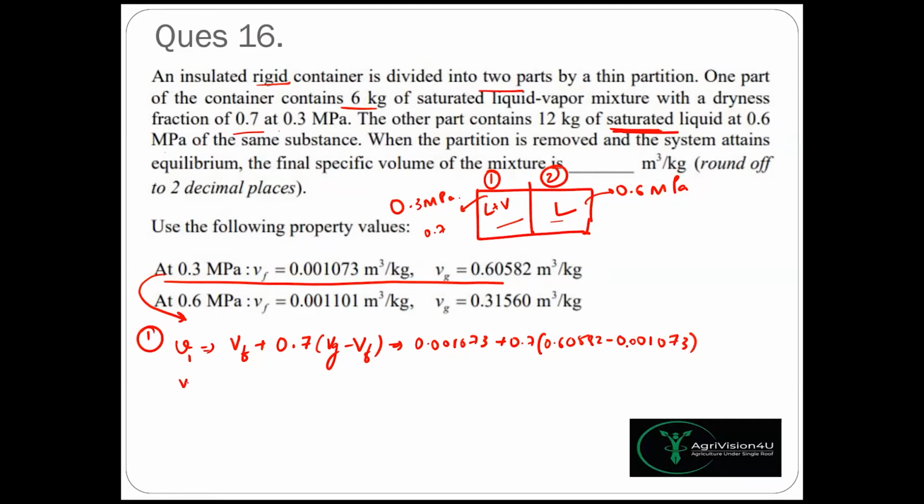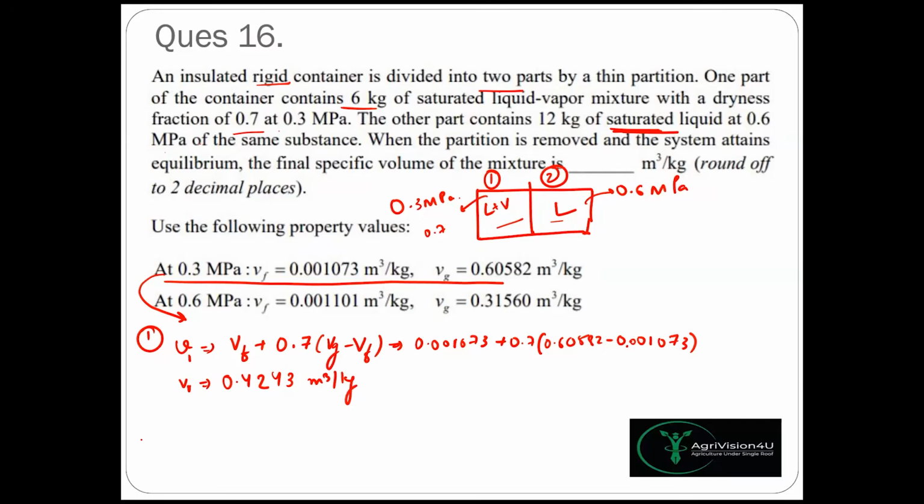Okay. On solving, the value of V1, that is the specific volume in case 1, will be 0.4243 meter cube per kg.